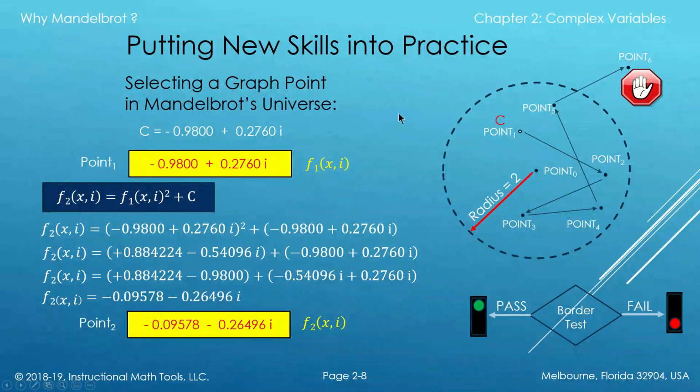So let's try this again. You feed this one in. Let's say you feed this point, gets fed in here, and the recursive equation computes this point, which is out here, 0.6. Now once it computed this point, it doesn't know whether it's valid or not. So it does a border test. Well, the border test will say it's well outside the circle, therefore it will fail.